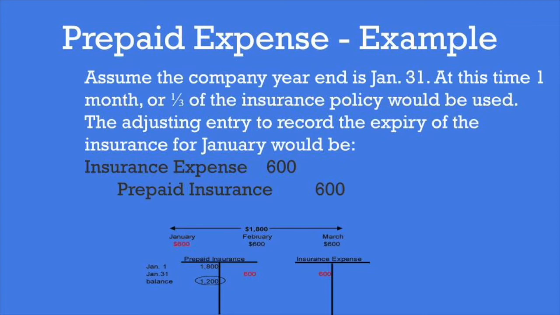If you look at the T accounts below, that would bring the prepaid insurance to a $1,200 balance and increase the insurance expense to a $600 balance. So this would be what we consider an adjustment.